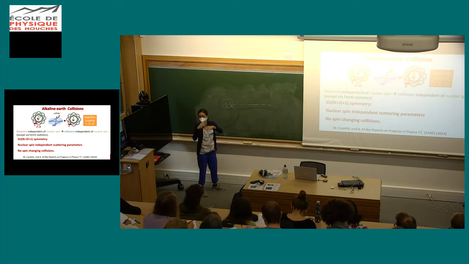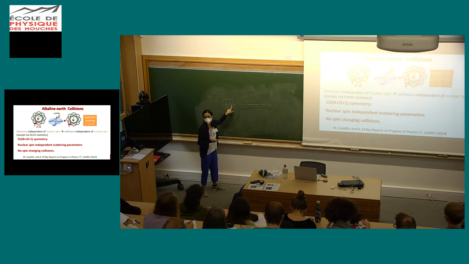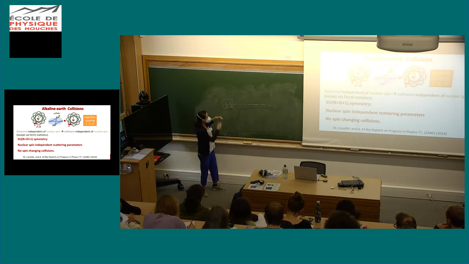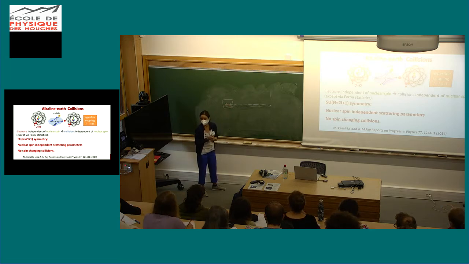So basically, he prepared a gas, for example, with only 2 levels with optical pumping, and then by time of flight measurements, an analog of an optical Stern-Gerlach experiment, he was able to determine the spin population of the sample and demonstrate that in this case, this property was always satisfied. There are going to be more experiments that I'm going to discuss where we are going to take advantage of that.